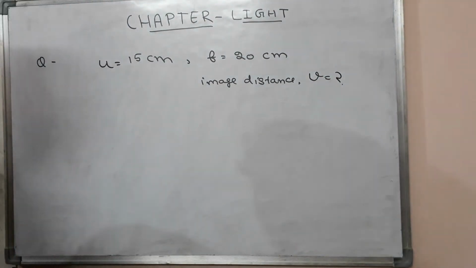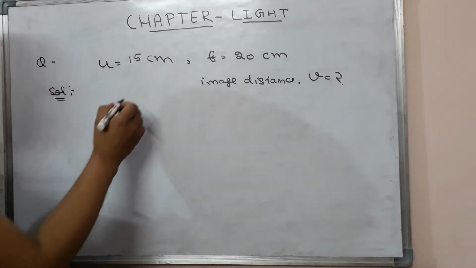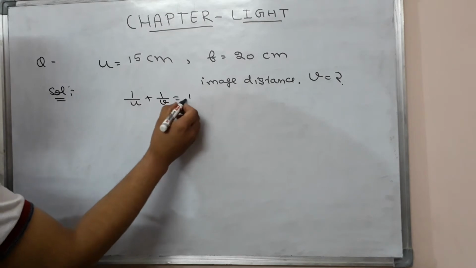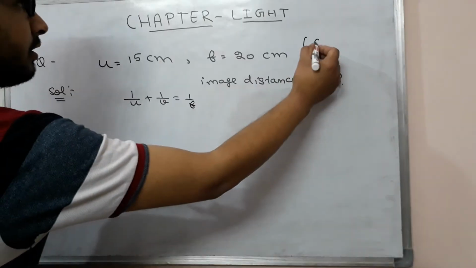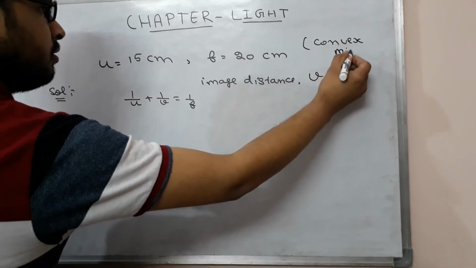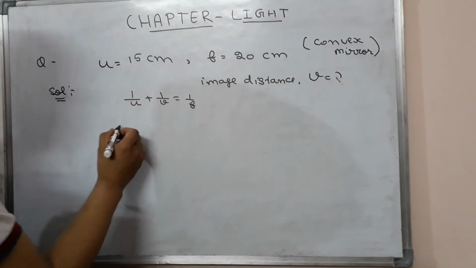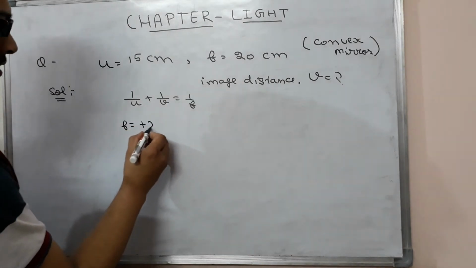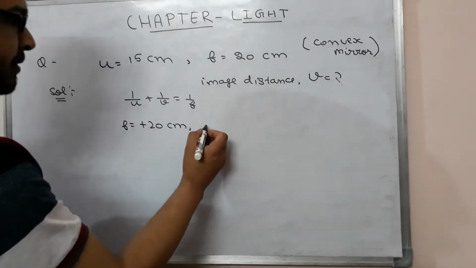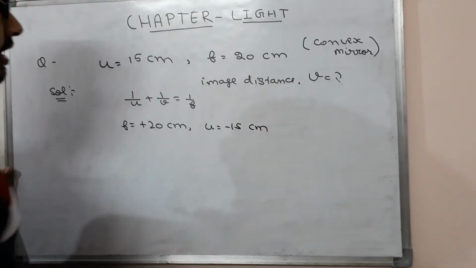So we will apply the mirror formula. We know mirror formula is 1 upon u plus 1 upon v is equal to 1 upon f. This is the convex mirror, so focal length will be plus 20 centimeter, and we know the object distance is taken in negative, so it will be minus 15 centimeter.